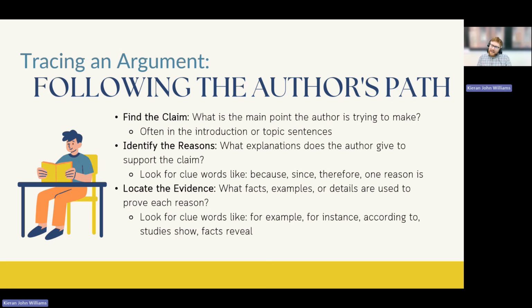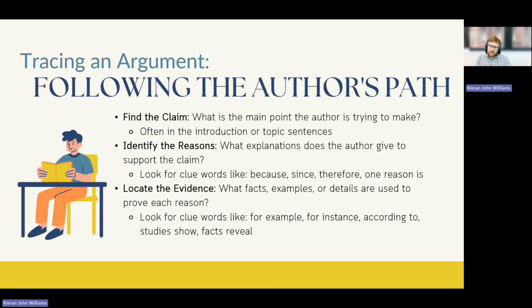Once we understand what claims, reasons, and evidence are, the next step is tracing an argument. This means following how the author builds their case. Start by finding the claim. What is the main point or message the author is trying to make? It's often found in the introduction or topic sentences. Next, identify the reasons. Look for explanations that support the main idea.